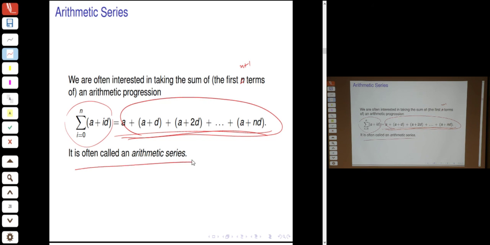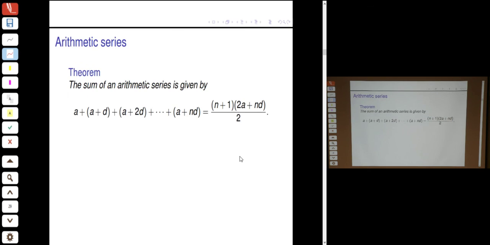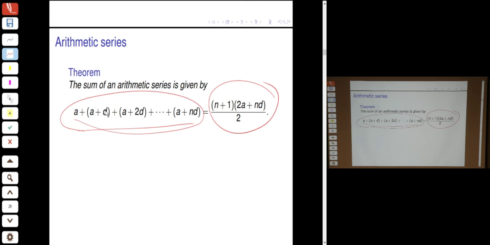It's called an arithmetic series, and there is a simple formula for it, which is n plus 1 times 2a plus nd over 2, where a is the first term, d is the common difference, and n is the length up to which you go. So n plus 1 is the total number of terms. Okay.